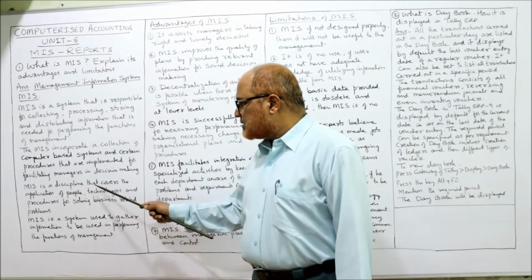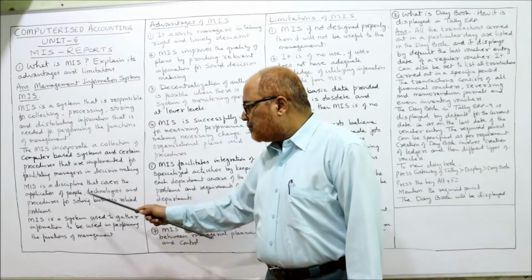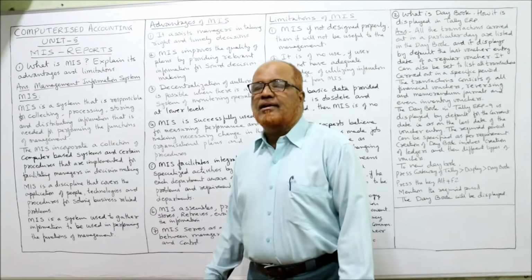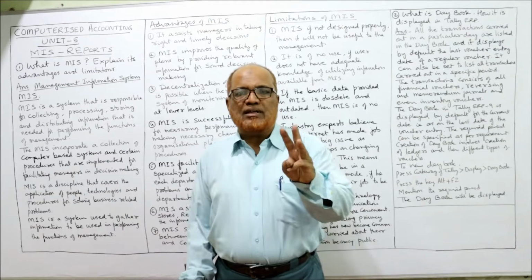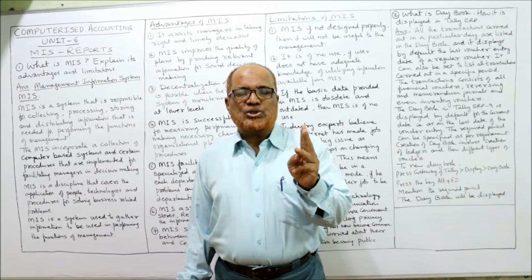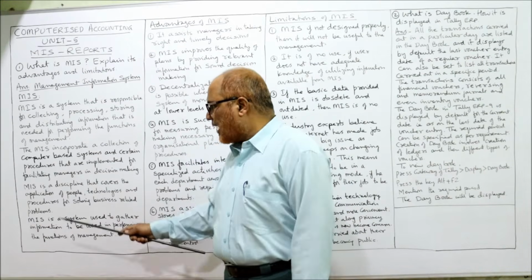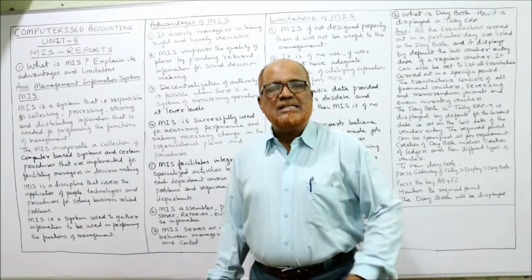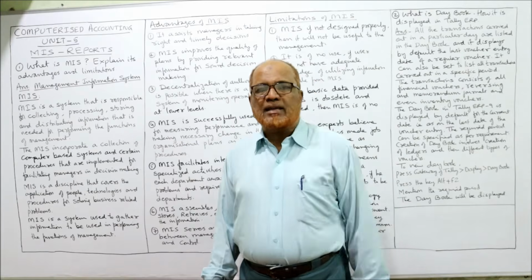And MIS is a discipline that covers the application of people, technology and procedure for solving business related problems. So MIS is a combination of three things: people, technology and procedure. We are combining these three for solving business related problems. A number of problems are confronted by managers.